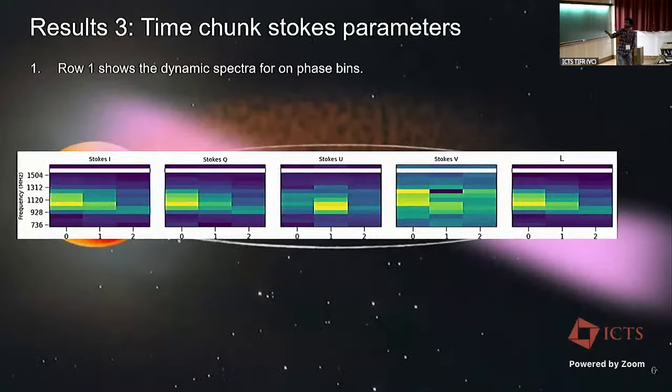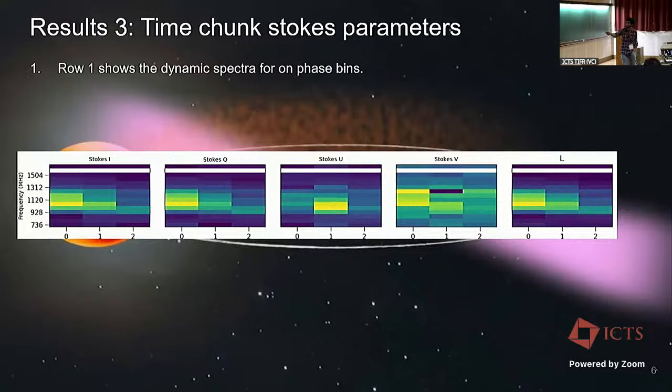The first row is the dynamic spectra, which shows Stokes I for 20-minute subintegrations, and the y-axis is the frequency channels. So this is time versus frequency. Let's say you have a 10-hour observation. The first, second, and third columns are basically the first 20 minutes, middle 20 minutes, and last 20 minutes of the observation.